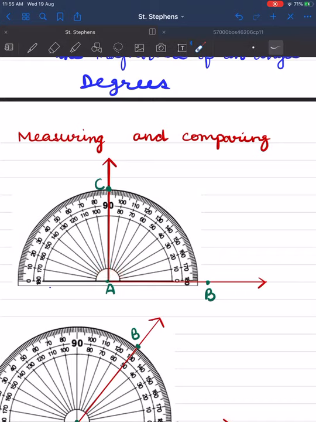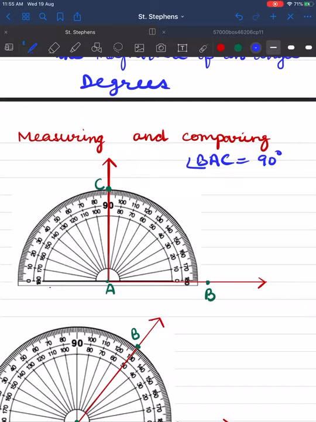Now adjust the protractor such that AB is along the straight edge of the protractor. We read the mark on the curved edge of the protractor against the point C and we observe it is 90. So here angle BAC is equal to 90 degrees.